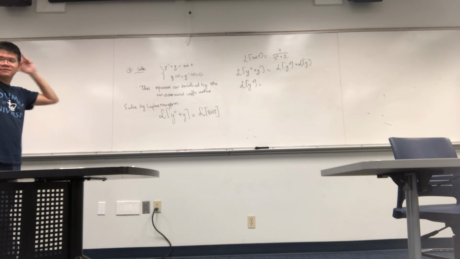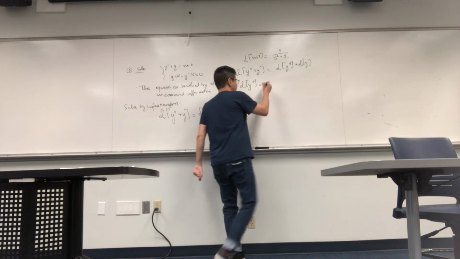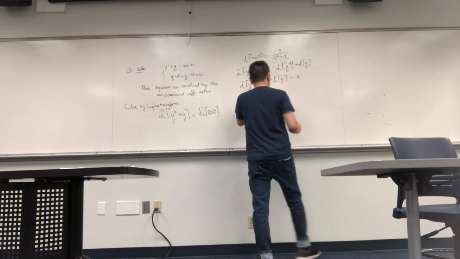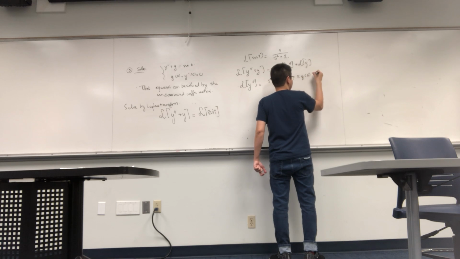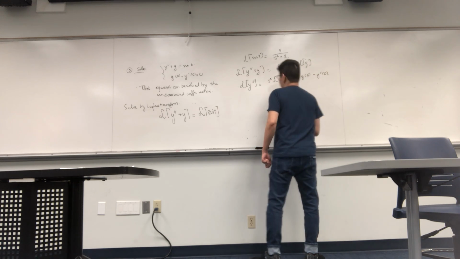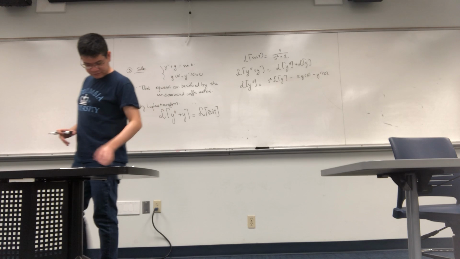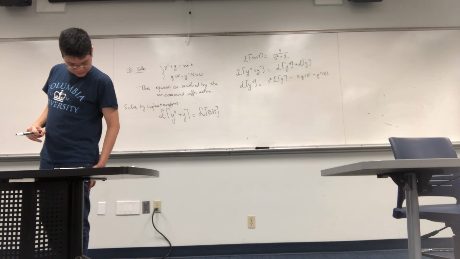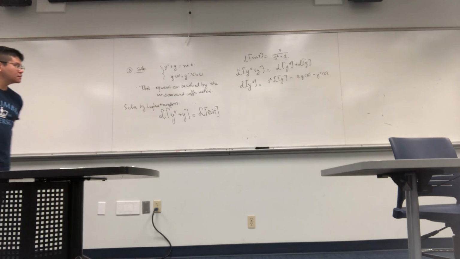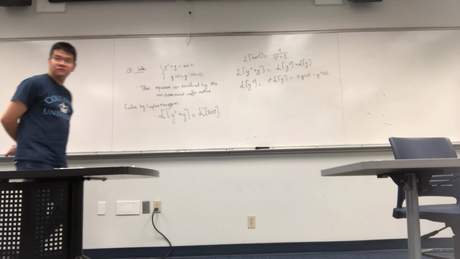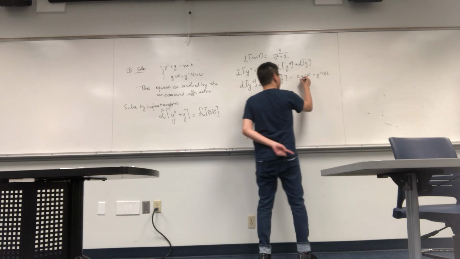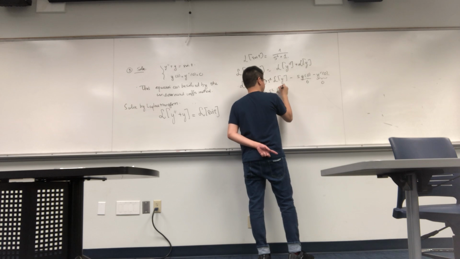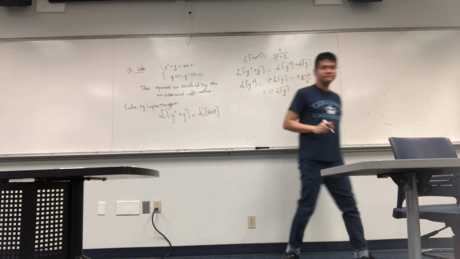So this is s squared times the Laplace transform of y minus s y(0) minus y prime at 0, right? And because the other two are 0, you can reduce it to s squared times the Laplace transform of y, right?